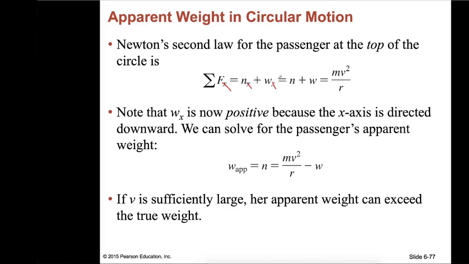So the normal force plus weight, and this time they're in the same direction. It equals mv squared over r. So finally, normal force equals mv squared over r minus the weight. If v is sufficiently large, her apparent weight could exceed the true weight.